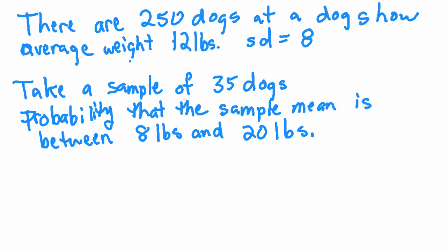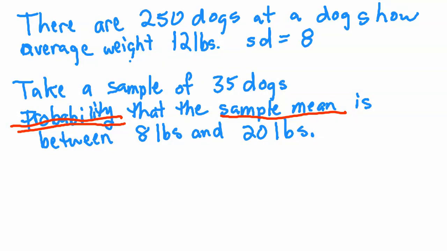You could say anything here. I mean, I could have made up any numbers, and it's going to work the same way. So how do you know that this is a central limit theorem? Okay, it's a central limit theorem just because of the wording right here. You're trying to find the probability of the mean. So you're not finding the probability of a weight. You're not finding the probability of a height.